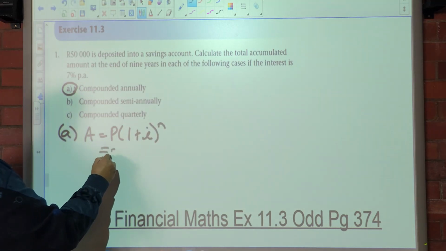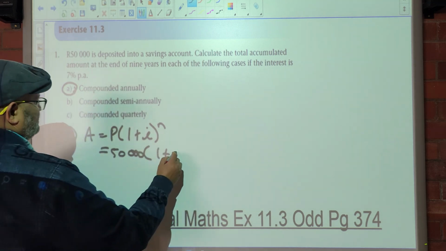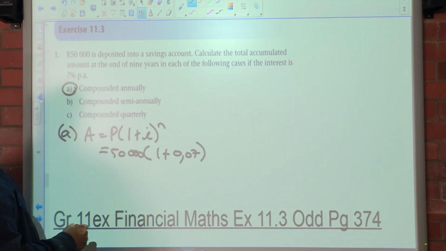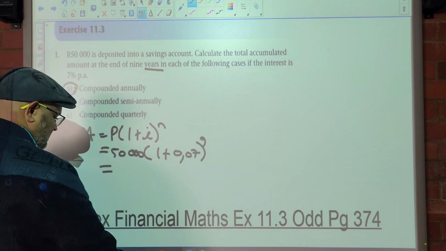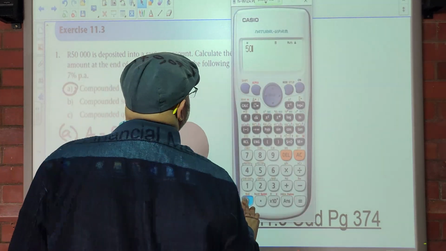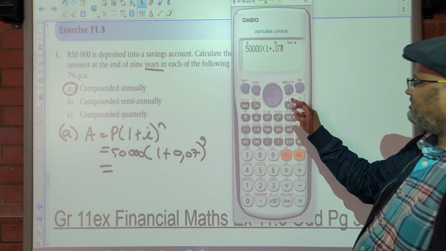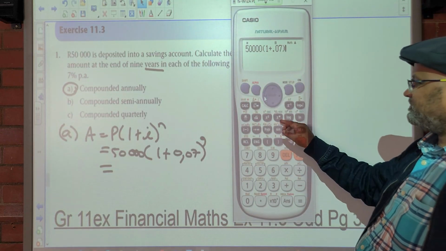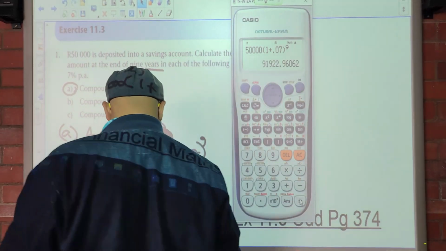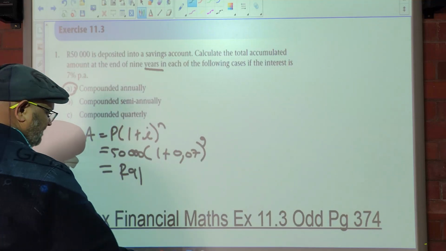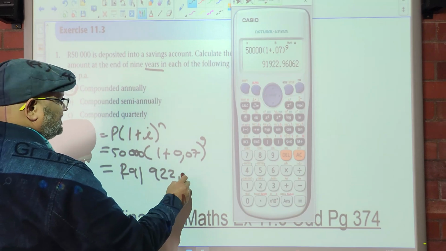What's your A value? 50,000 into 1 plus 0.07 to the exponent 9. As you can see, the years are 9 years. It gives you 91,922 rand and 96 cents.